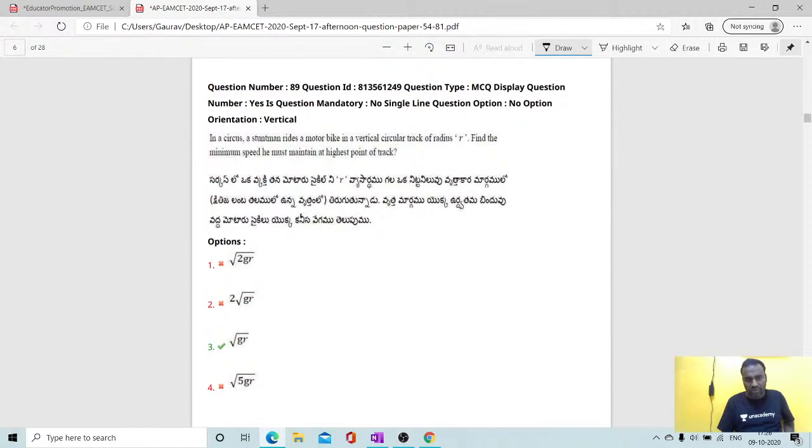In a circus, a motorbike moves in a vertical circular path of radius r, find the minimum speed he must maintain at the highest point of the track. Students, it's a basic idea that at the highest point over here, the tension should be minimum. Since tension is minimum over here, and the particle should complete the circular path, it has to cross this position over here.